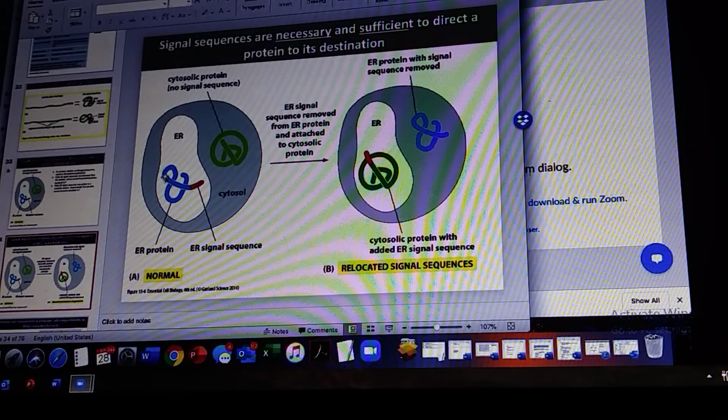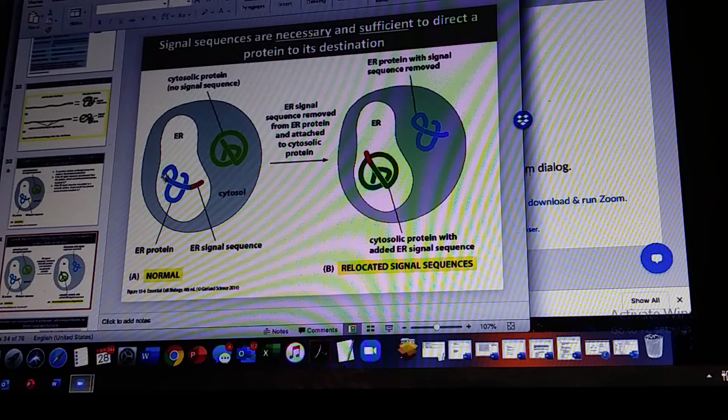So if you had a protein that should be in the nucleus and you removed the nuclear localization signal sequence, that protein can no longer get into the nucleus. It will stay in the cytosol. So a mitochondrial protein, if you remove the mitochondrial signal sequence, it stays in the cytosol. Okay, so that is transferable to all of the signal sequences that we talked about.